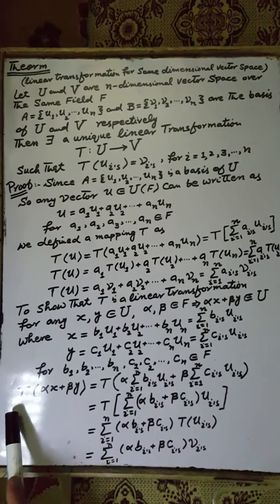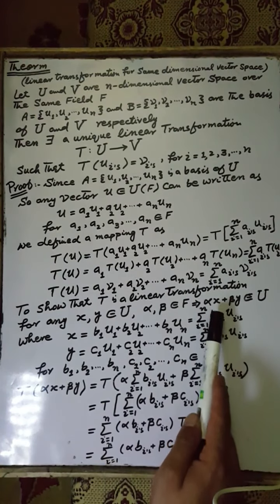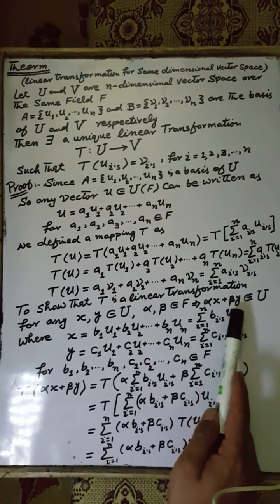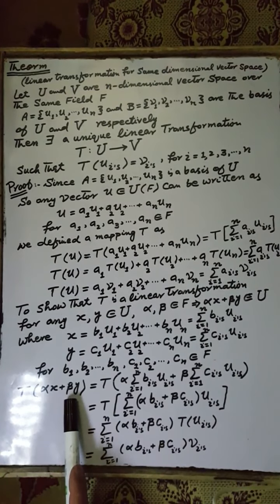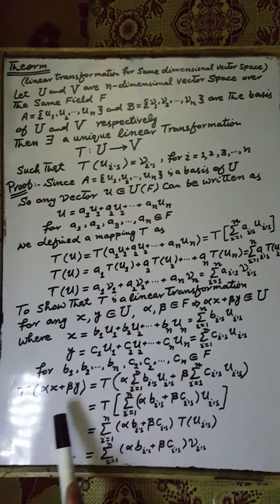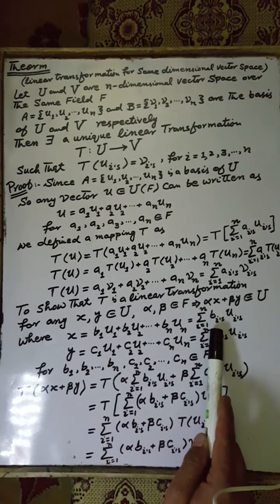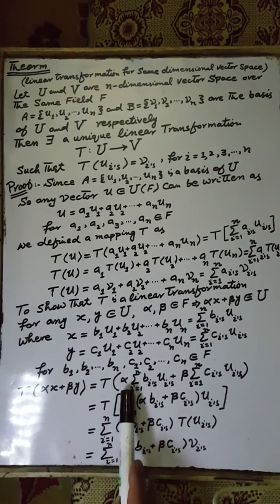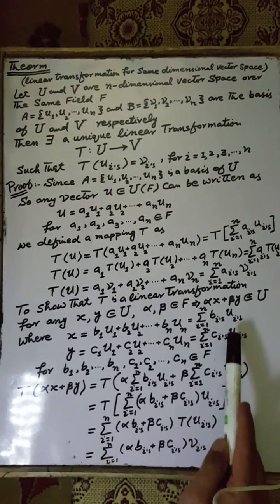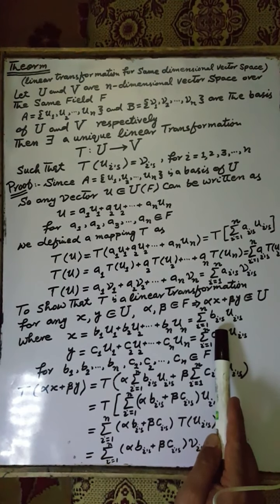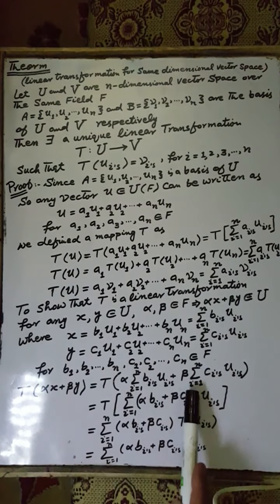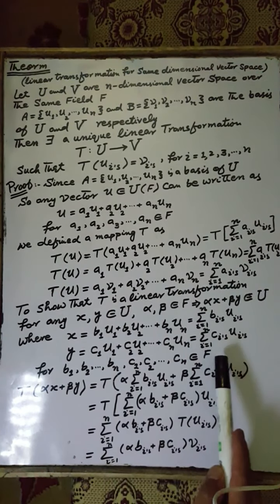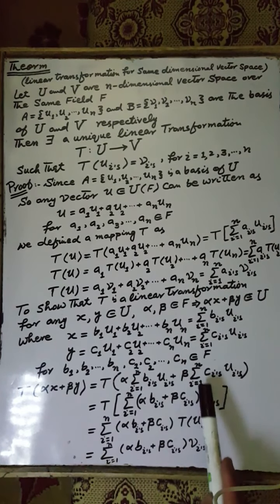Now apply the operator T on the linear combination of x and y, which is an element of U. T(alpha x + beta y) is equal to T of alpha times the summation of bi ui, i = 1 up to n, plus beta times the summation of ci ui, i = 1 up to n.